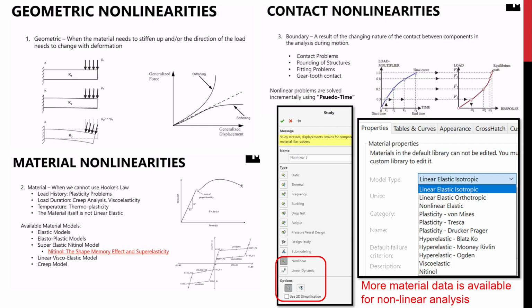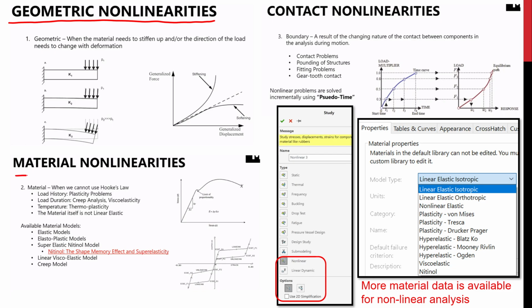So next part of our problems, we're going to do a non-linear analysis. Non-linearity in finite element analysis can be divided into basically three types. Number one is geometric non-linearities.